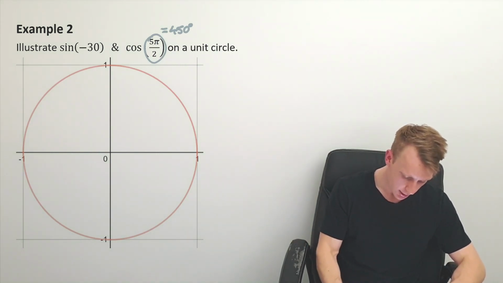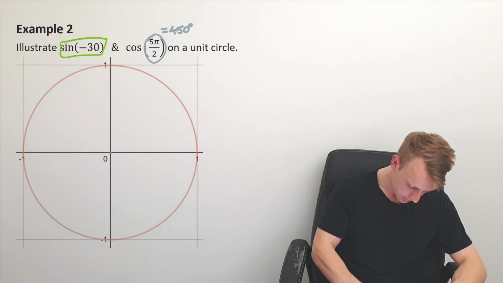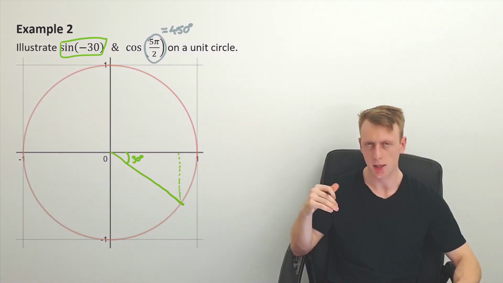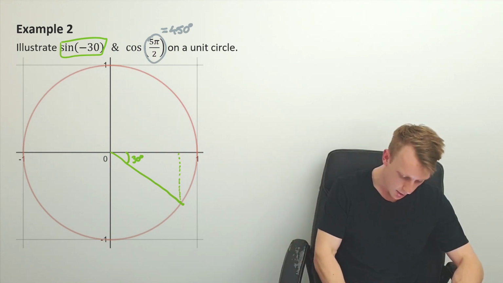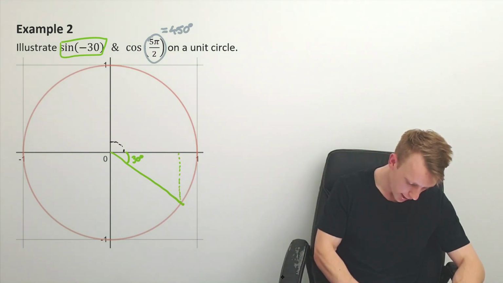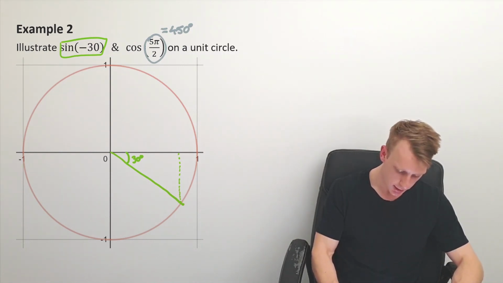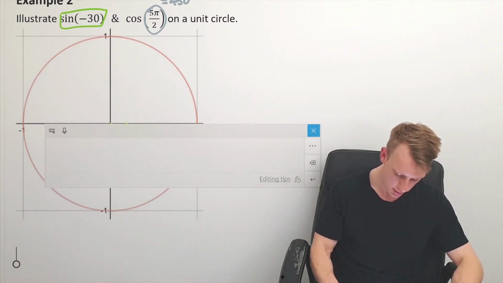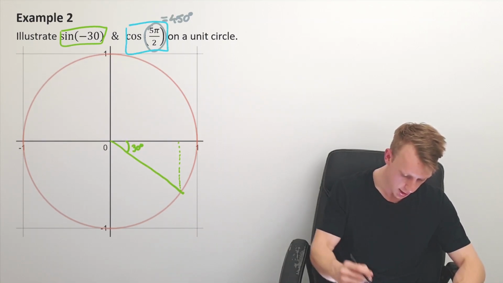We'll identify sine of -30 first. We'll be going backwards 30 degrees. Another way to think about it is it's actually going around 330 degrees. Secondly, I'll do this one in a different blue here.